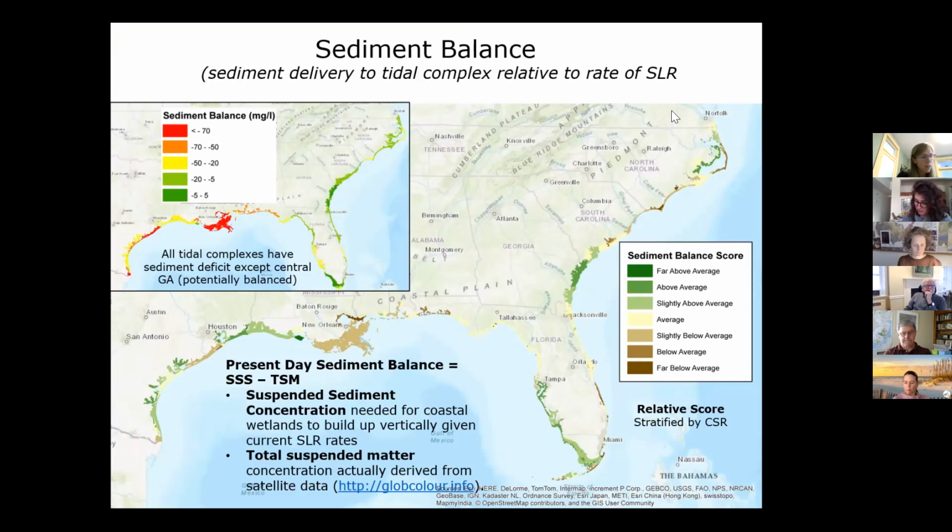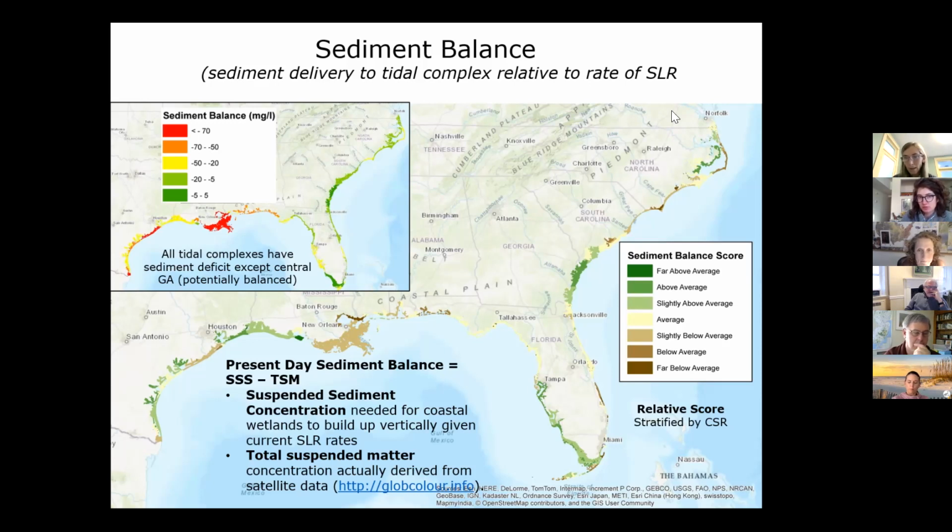I might not drill you guys too much on this, but I wanted the details of some of the condition score information to be available to you. This gives you a little bit more information on where this information was derived from. So total suspended matter, the concentration of sediment in our riverine watersheds, is actually derived from satellite data that can score and quantify that for us.